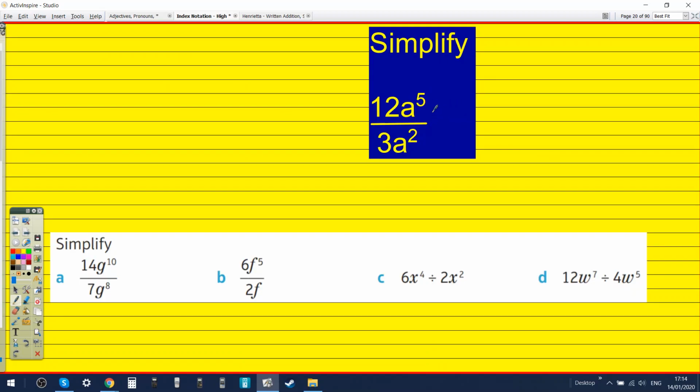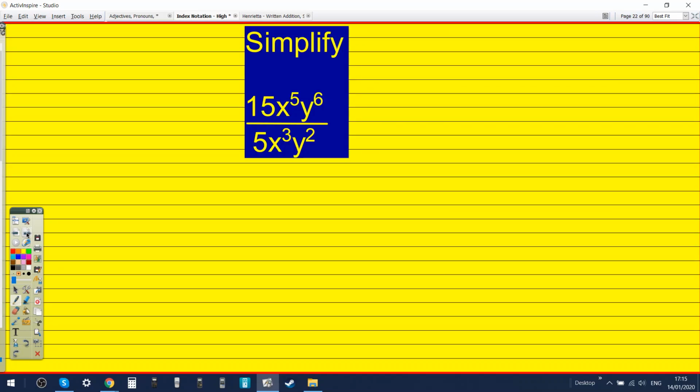Okay. Any idea how you do this one up the top? Is it 4A? 4A^3? Yep. Let me see something. How about this one?